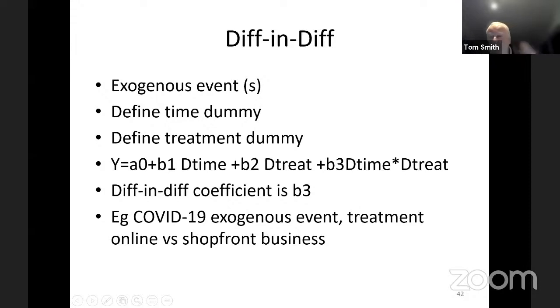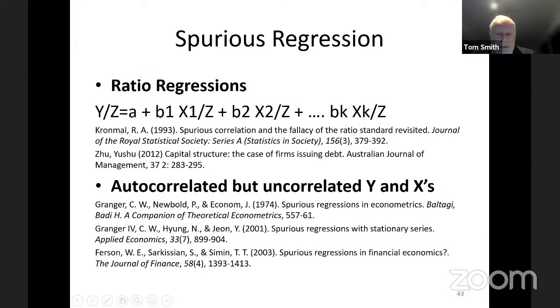So then finally, the other thing that editors are very interested in and looking out for is if you do ratio regression. So if you do the y divided by a common denominator. So it might be debt over total assets equals a function of revenue over total assets and a whole lot of variables divided by total assets.